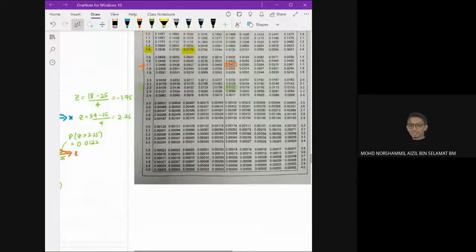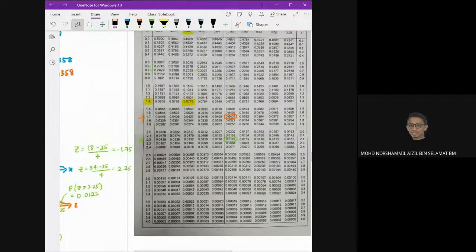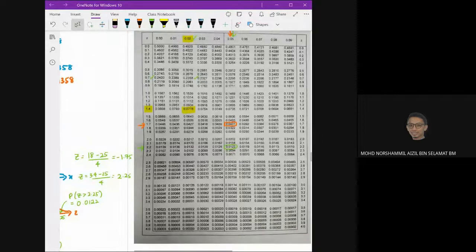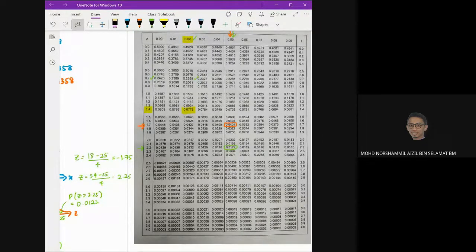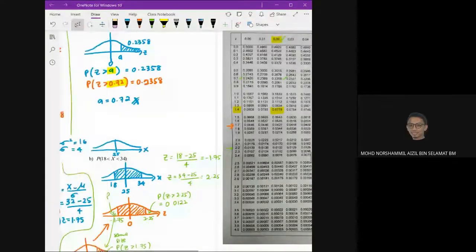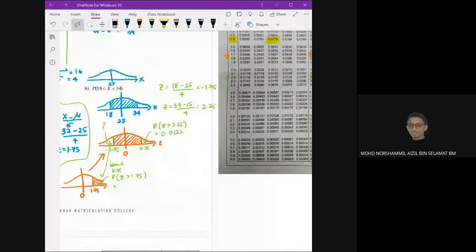Tadi dah baca 1.75, previous question, betul tak? 0.0401 tadi kan? Yes, sir. So we get the idea that this region is 0.0401.